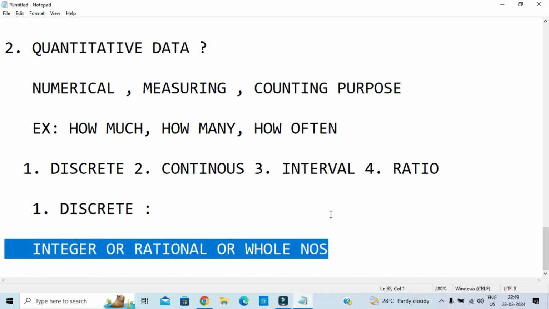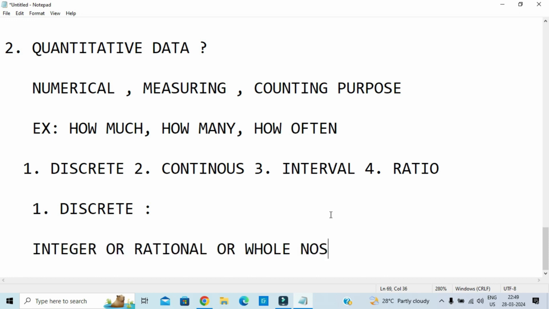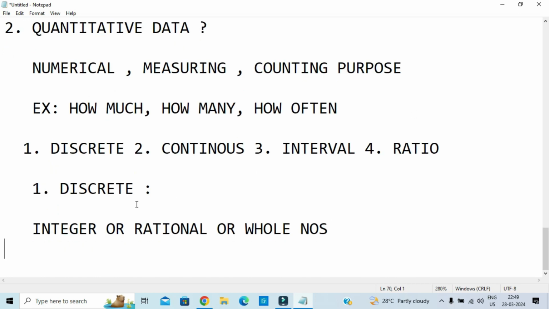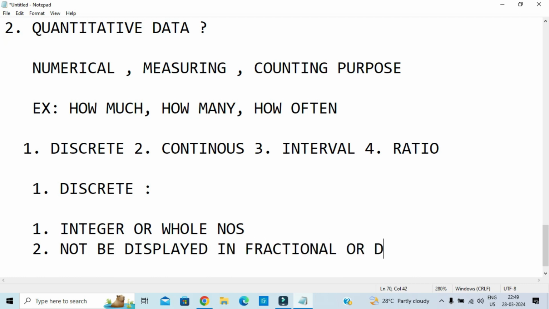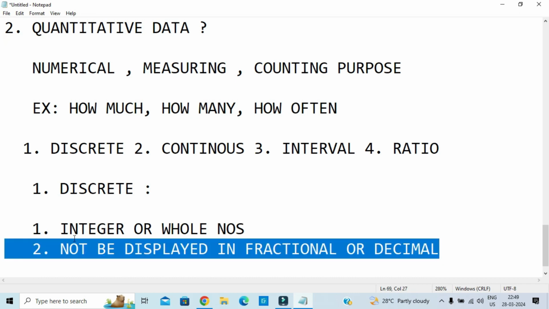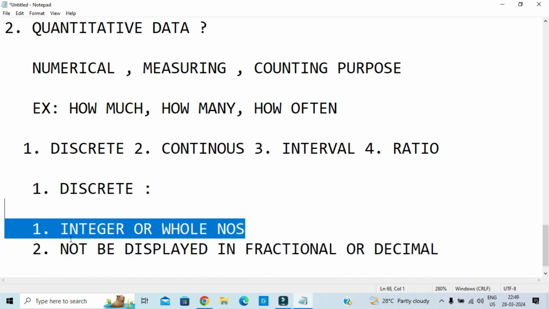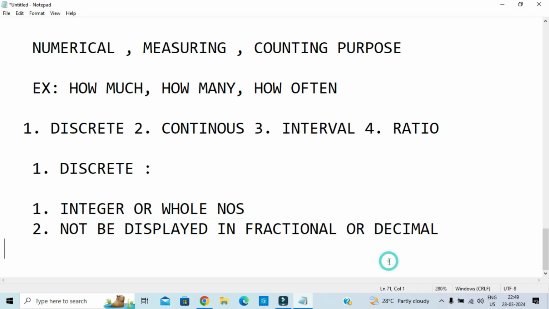Just remember, it will not be displayed in fractional or decimal format. The result will be in the form of integers and whole numbers. It will not be displayed in fractional form, just remember, guys.